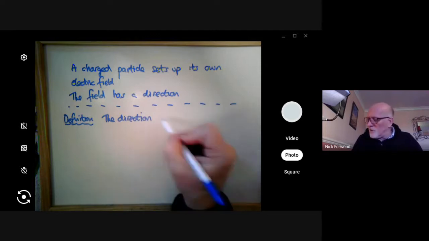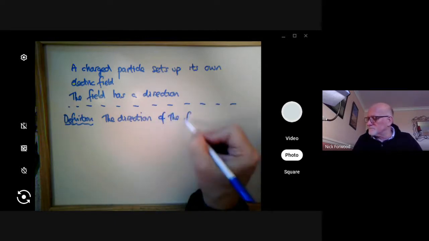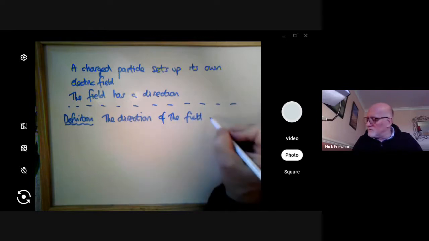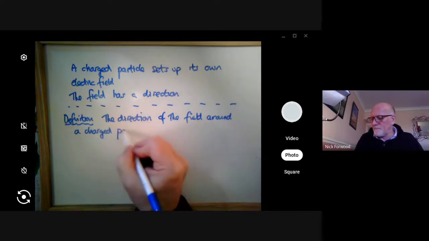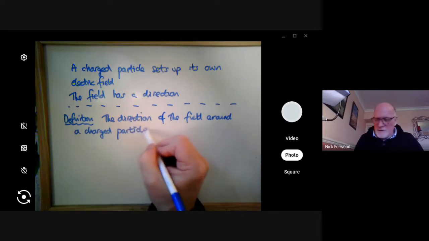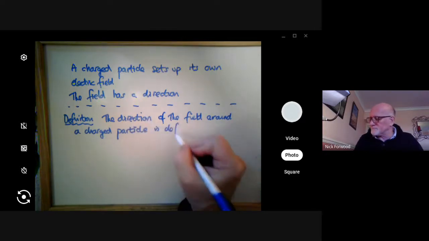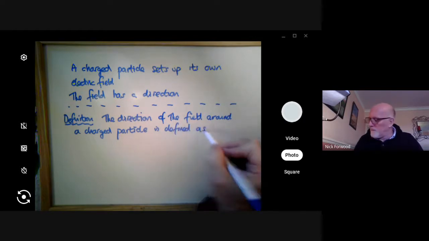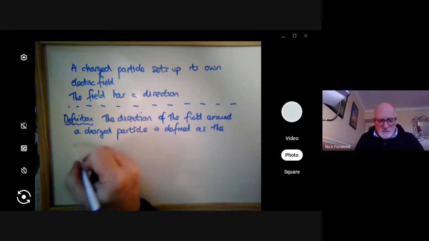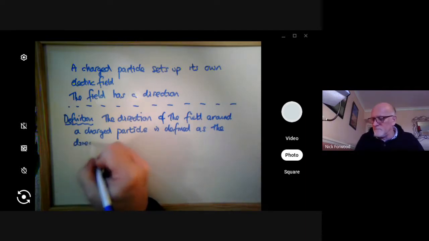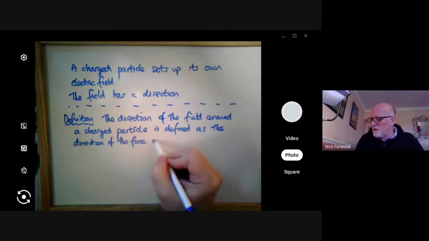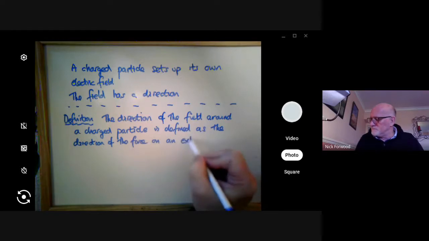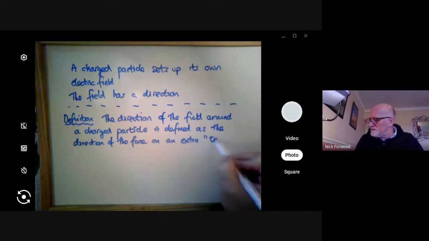The direction of the field around a charged particle is defined as the direction of the force on an extra test charge.